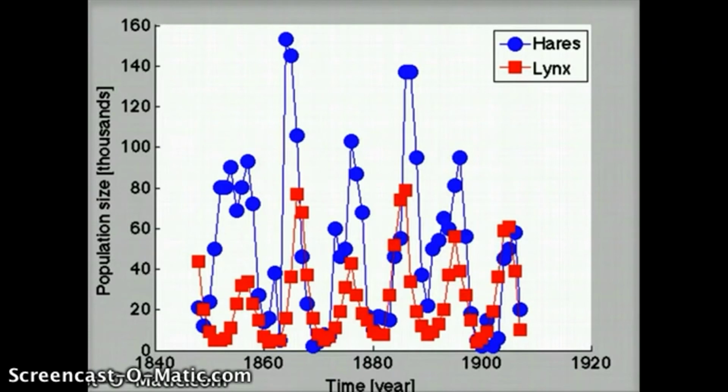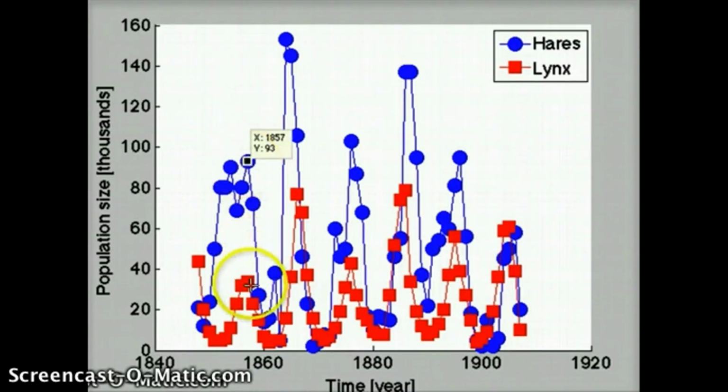So one thing to observe is that we can see some temporal patterns, right? One thing I would like to observe is approximately where each species attains its maximum value.